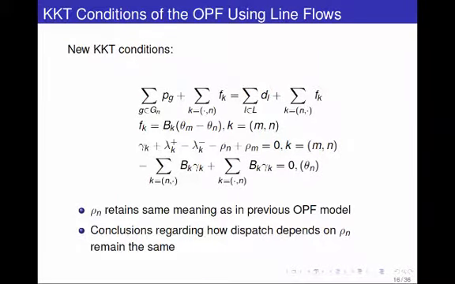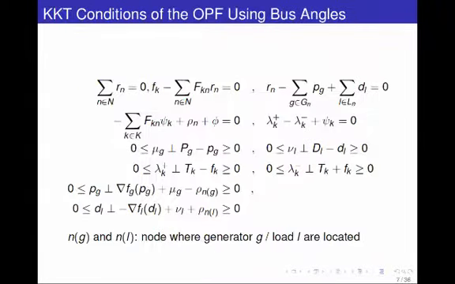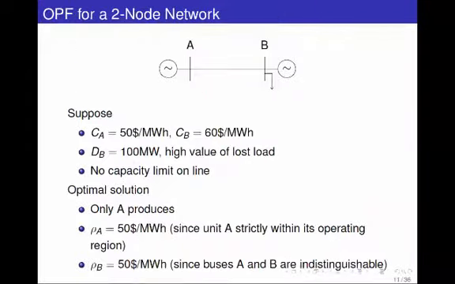I didn't write them here, but all of these parts of the KKT conditions, all of this stuff over here is identical. So the rho is the same thing as what we saw in the first model. It's just that what has changed is these two equalities, and I mean the primal constraints as well. But basically these two dual equalities have changed.